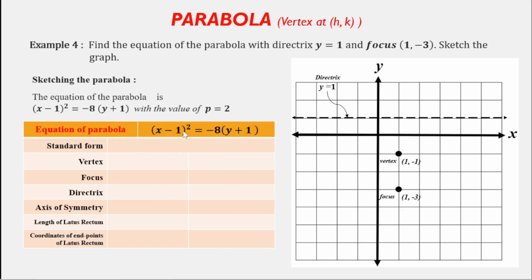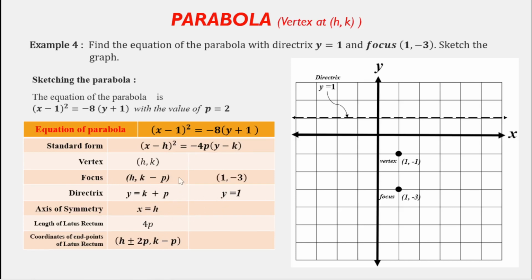We already derived the equation of the parabola in the problem, which is (x - 1)^2 = -8(y + 1), in the form (x - h)^2 = -4p(y - k). If this is the standard equation of the parabola, these are the coordinates and the equation of the parts of the parabola.